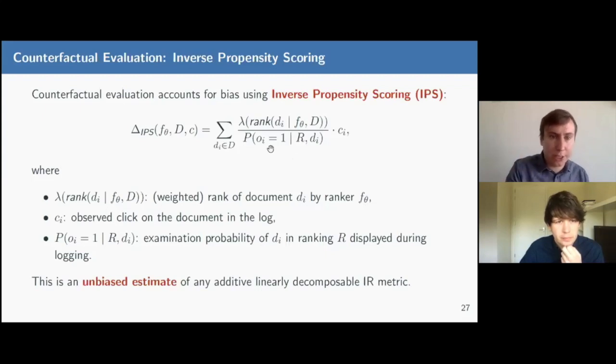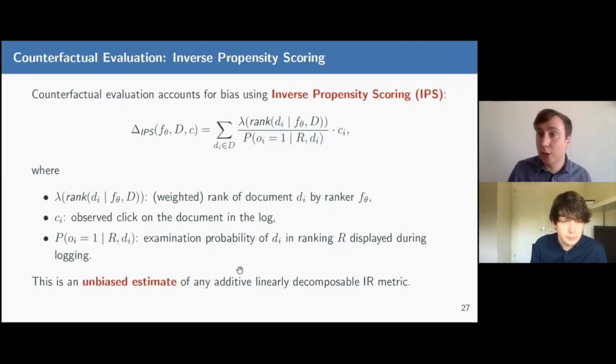So again, to reiterate this formula, first we have this lambda rank. This is the weighted rank of a document, DI, after it has been ranked by F theta. So all these documents in capital D have been scored by F theta, and then what is the rank of our document DI? And then apply this lambda function to weight that rank to get different IR metrics. CI is, again, the observed click of that document in our historical click log.